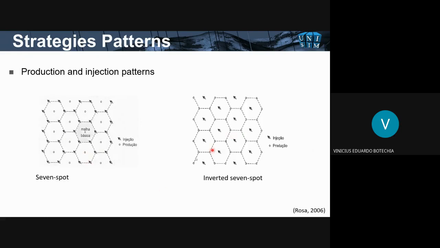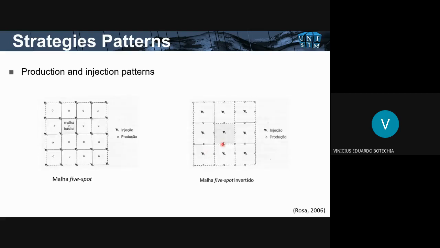So I have here the 7-spot pattern, where you have 7 points: the producer inside 6 injectors, and here the same thing, but with the injector being surrounded by the producers. I guess there's something wrong with this picture. These wells are wrong. They just need to be at the corners here, and I think it's wrong in the book.